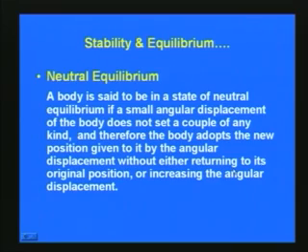And the third category of stability and equilibrium is the neutral equilibrium. So a body is said to be in a state of neutral equilibrium if a small angular displacement of the body does not set up a couple of any kind, and therefore the body adopts the new position given to it by the angular displacement, without either returning to its original position or increasing the angular displacement.